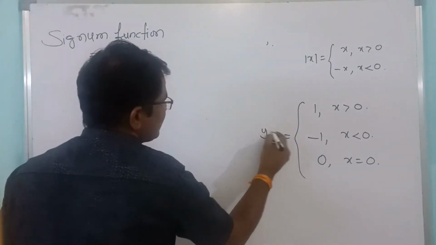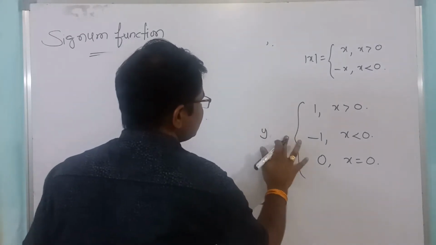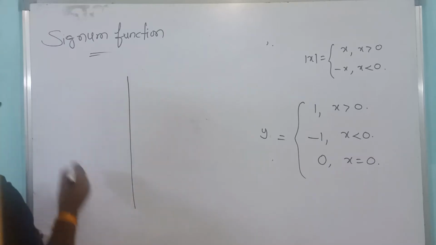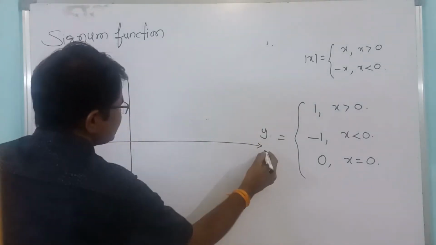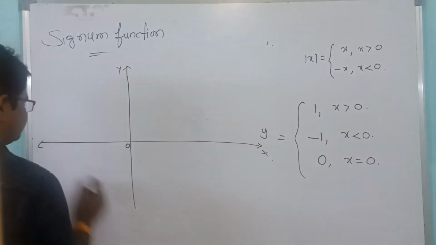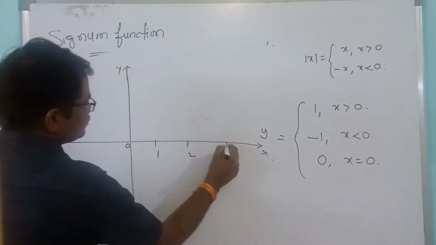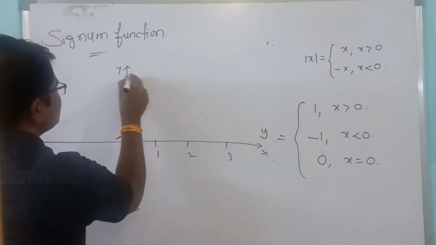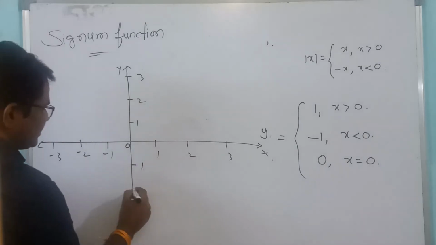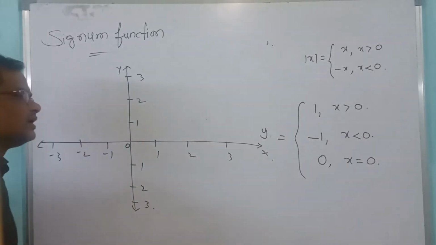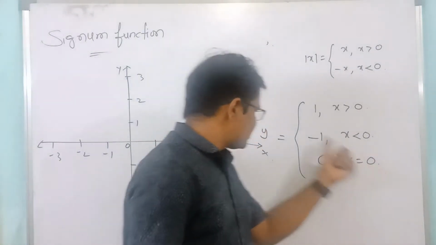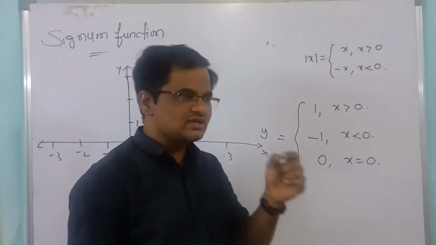If you take y equal to f of x equal to this, draw the x-axis and y-axis with 1, 2, 3 and minus 1, minus 2, minus 3. Once you observe these conditions, whenever x equal to 0, the y value is 0, meaning the origin.